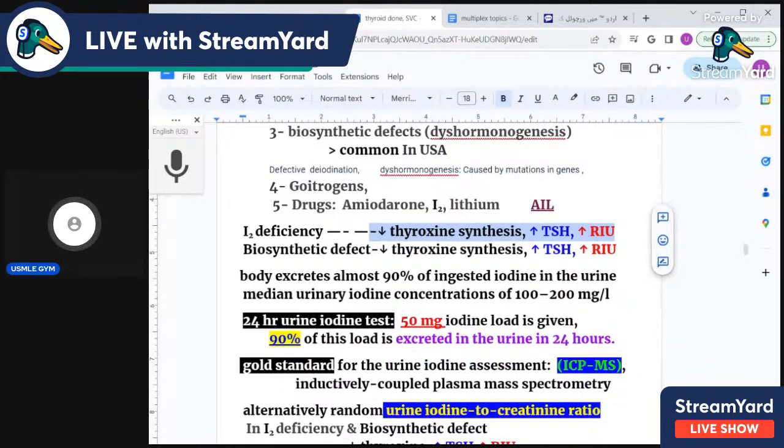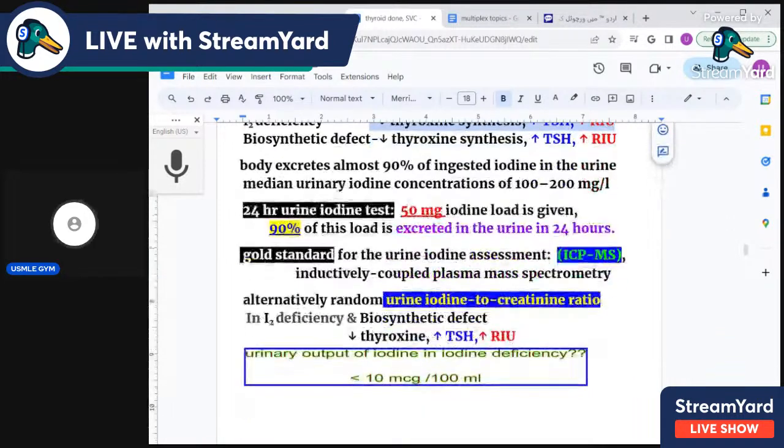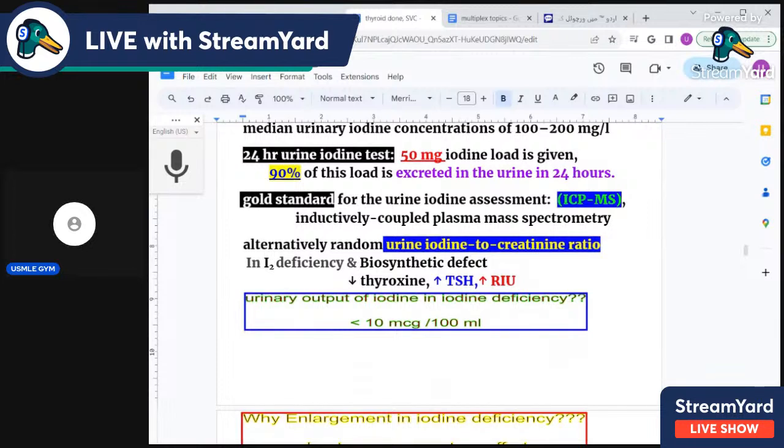Iodine deficiency patients excrete more than 90% of the iodine every day which is taken in. And let's see, what is the test to check? The 24-hour urinary iodine test: a 50 milligram iodine load is given, and 90% of this is excreted in the urine in 24 hours.